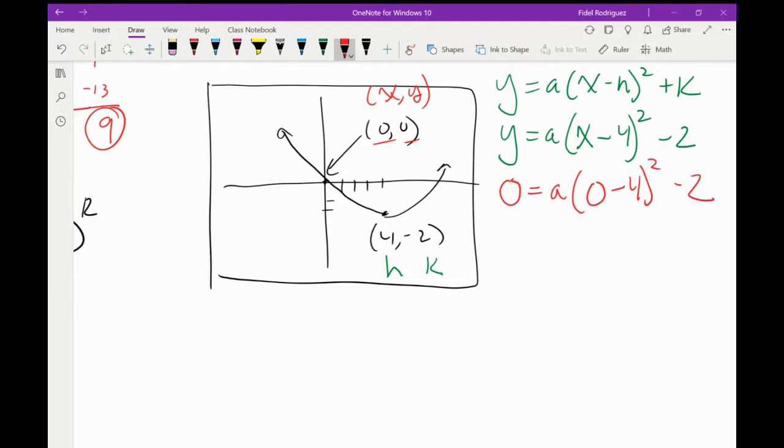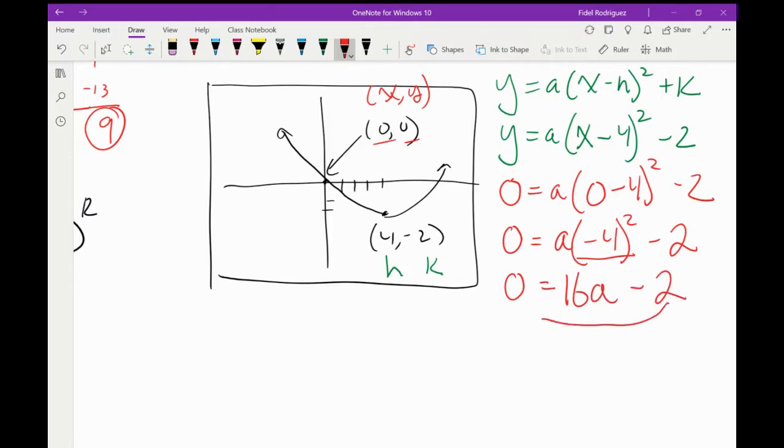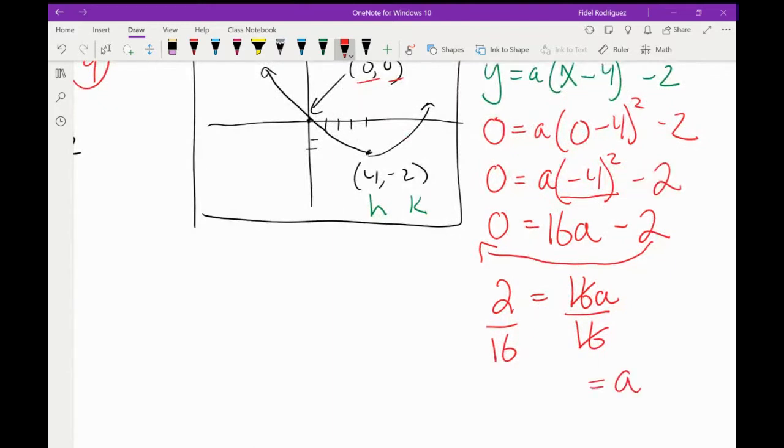Now I'm just going to solve for a. So 0 equals a(0 minus 4) squared minus 2. Negative 4 squared gives me a positive 16, minus 2. Bringing the -2 to the other side gives me a positive 2 equals 16a. When I divide by 16, a is equal to 1/8.